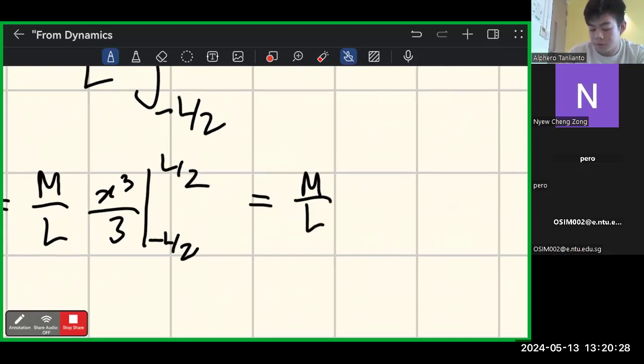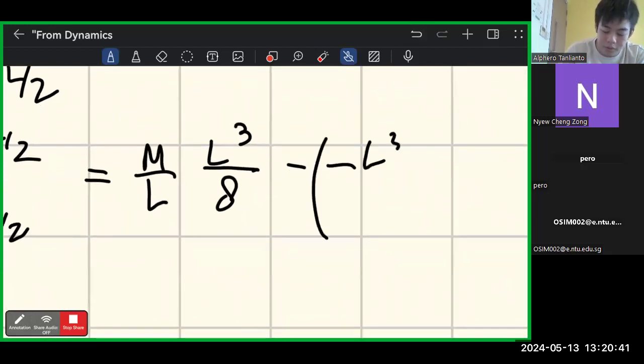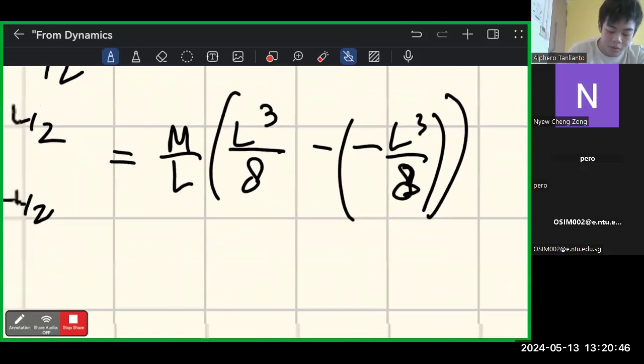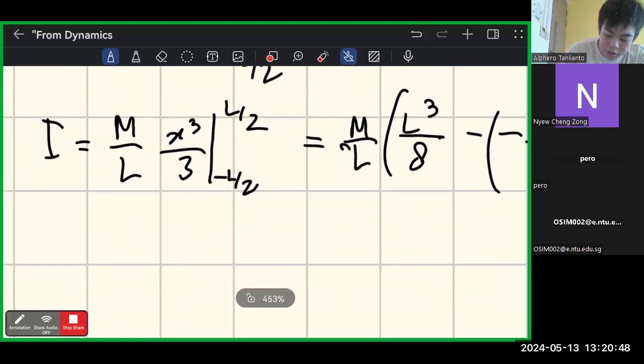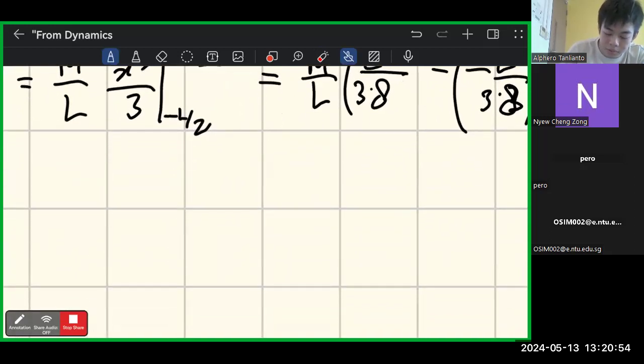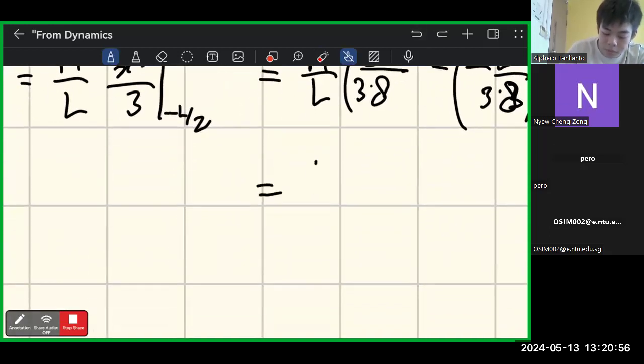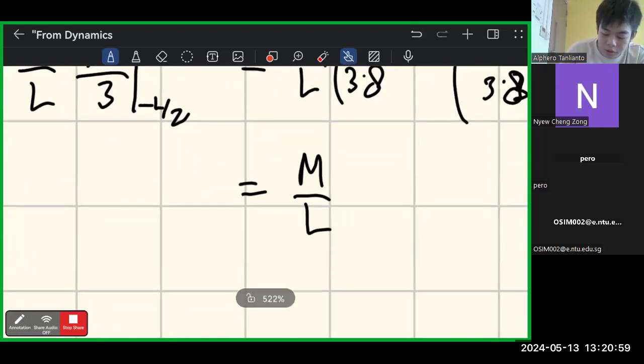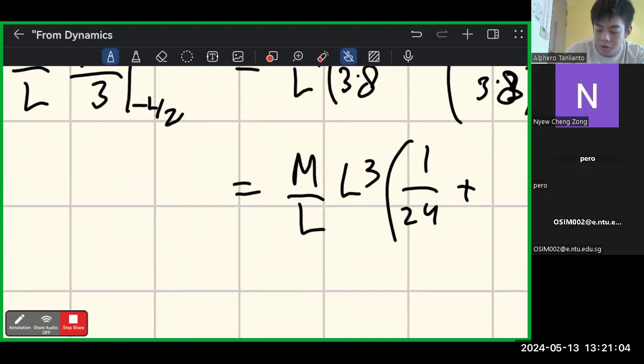Which is m over L, L to the power of 3 over 8, plus, no, it's negative, L to the power of 3, and it's 3 times 8, so it's m over L to the power of 3, 1 over 24 added by 1 over 24.